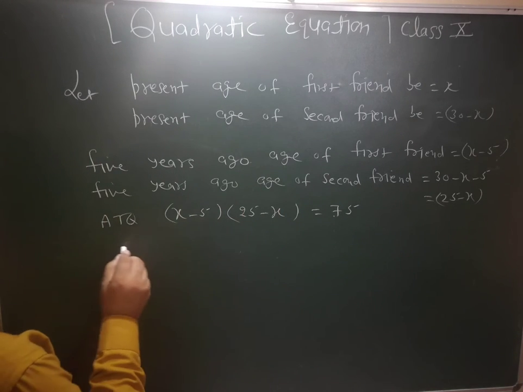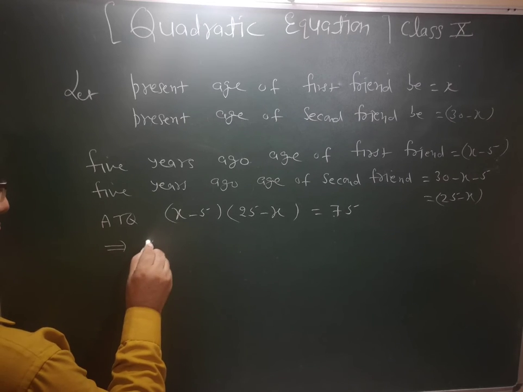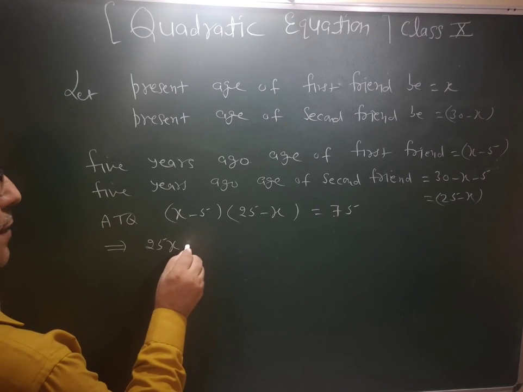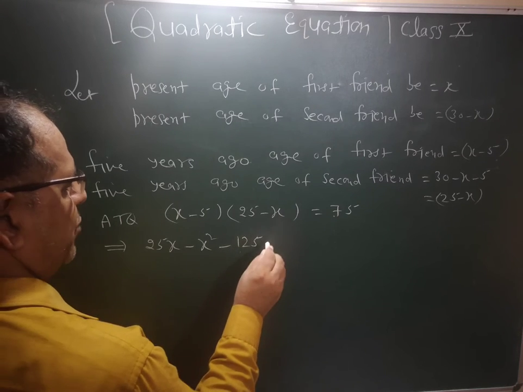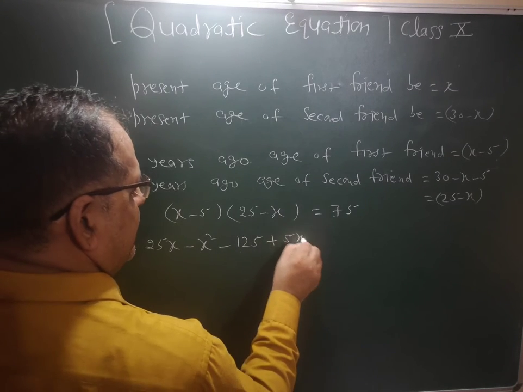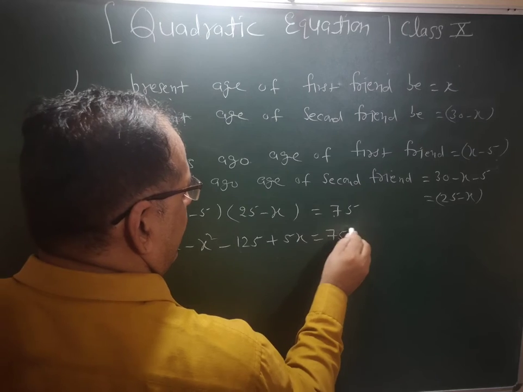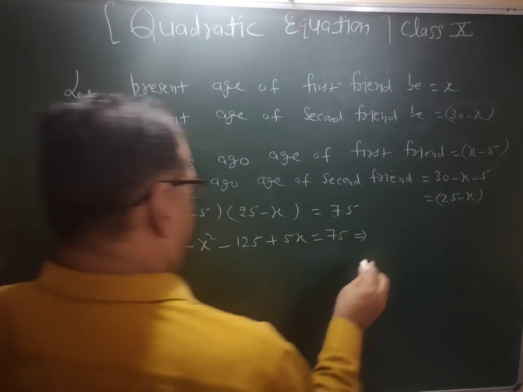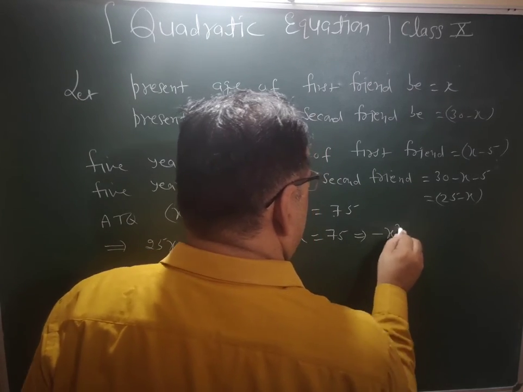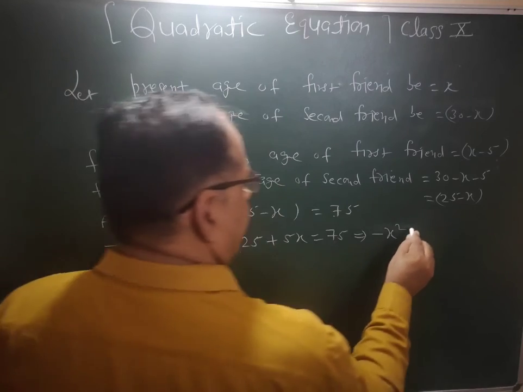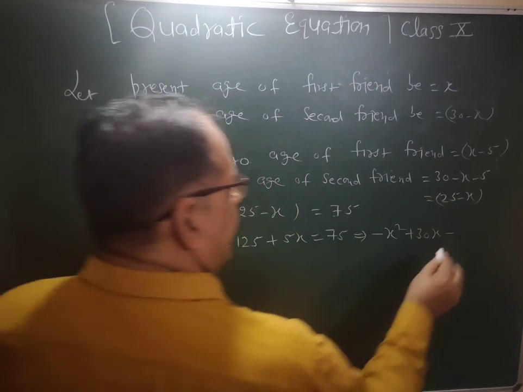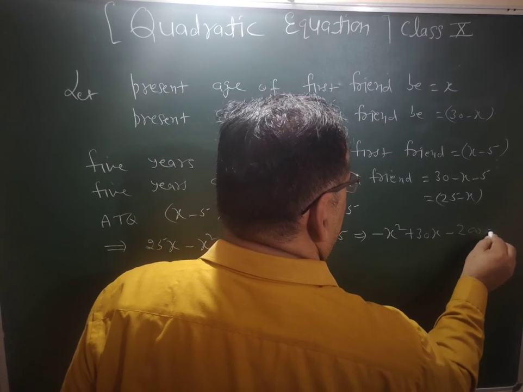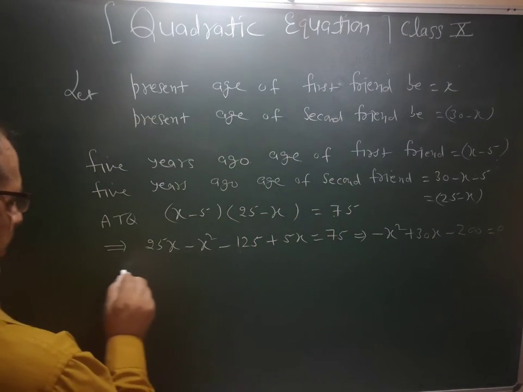So now solving this, we have 25x minus x square minus 125 plus 5x equal to 75. Arrange this, so we have minus x square plus 30x minus 200 equal to 0.